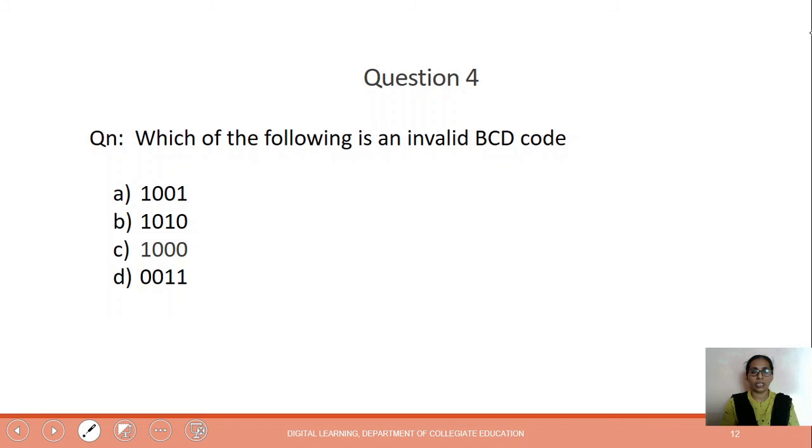So here the question is, which of the following is an invalid BCD code? 1001 is valid, 1010 is invalid, 1000 is equivalent to 8, it is valid, 0011 is also valid. So the invalid group is 1010.